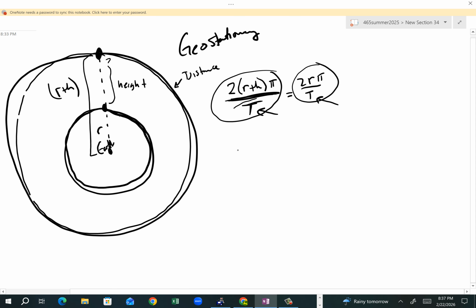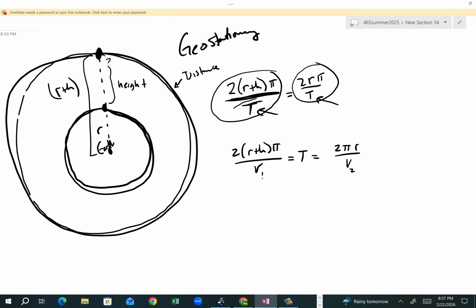What we know is that 2 times (r plus h) times pi over its velocity is equal to the time, which is equal to 2 pi r divided by his velocity, velocity 2, whatever, okay? We know that's what's equal. It's interesting to think of that, but you can't do it that way.